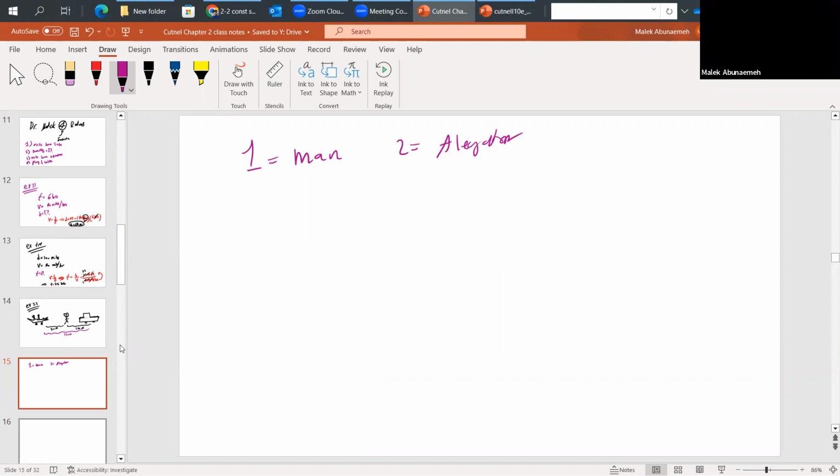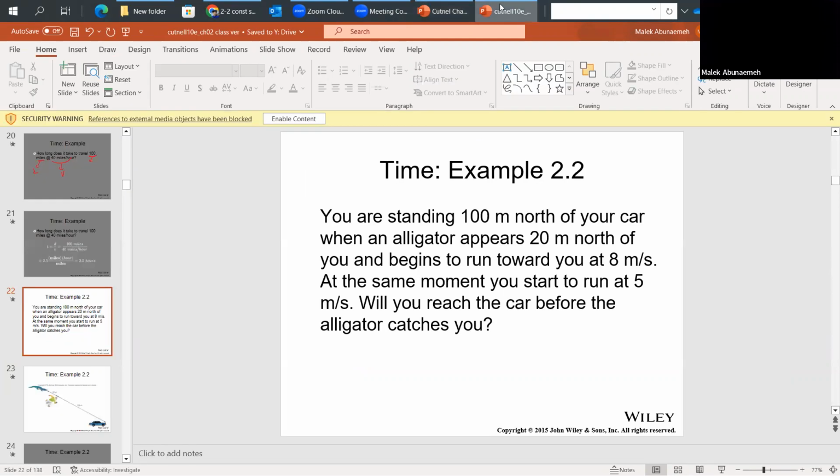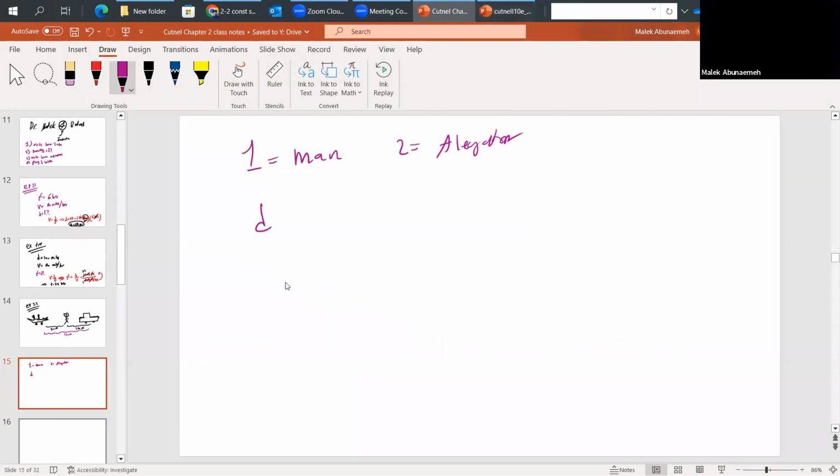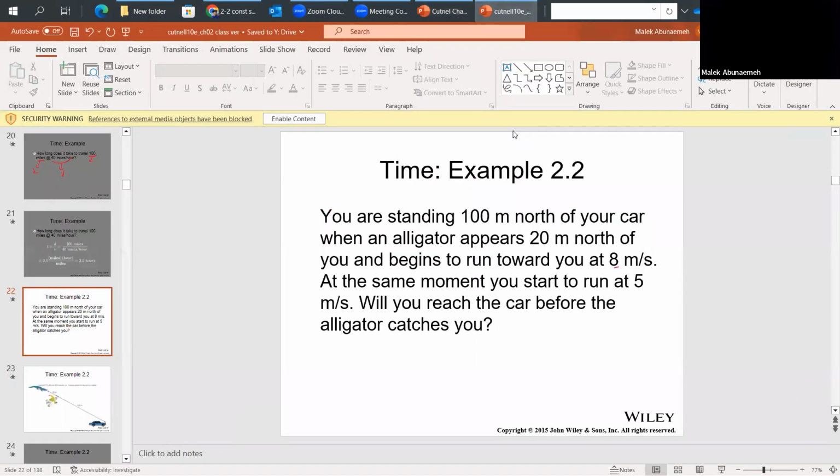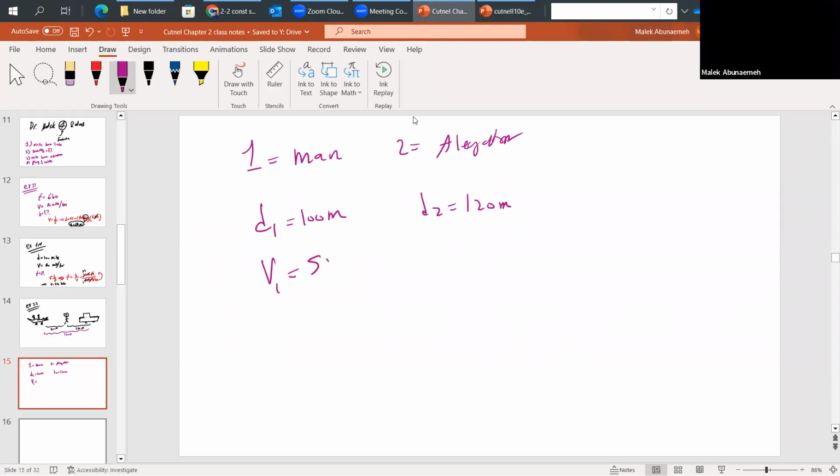So the distance from the man to the car, D1, is 100 meters, and D2, the alligator to the car, is 120 meters. We also know the alligator is running at 8 meters per second and you're running at 5 meters per second. So V1, the man, equals 5 meters per second, and V2 equals 8 meters per second.